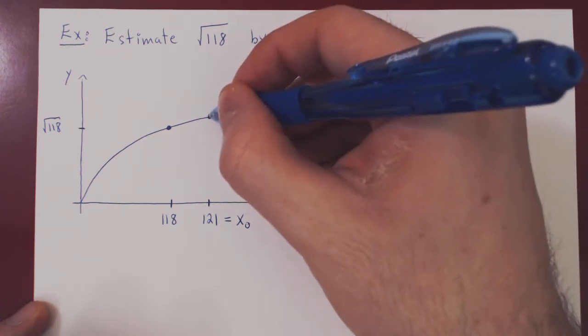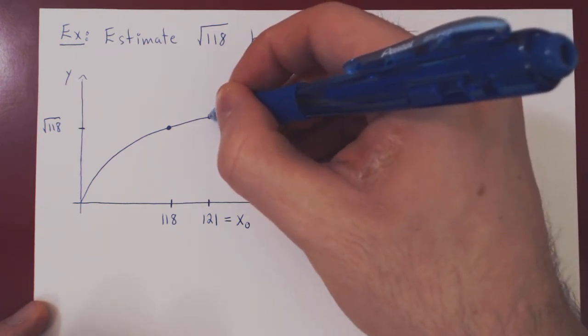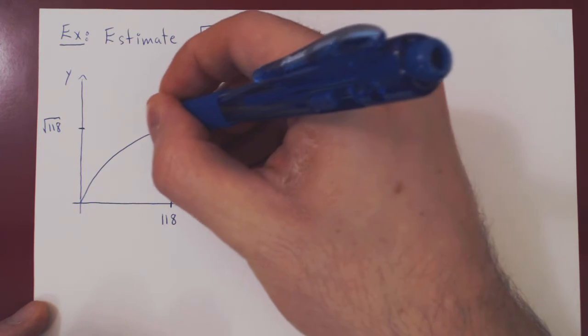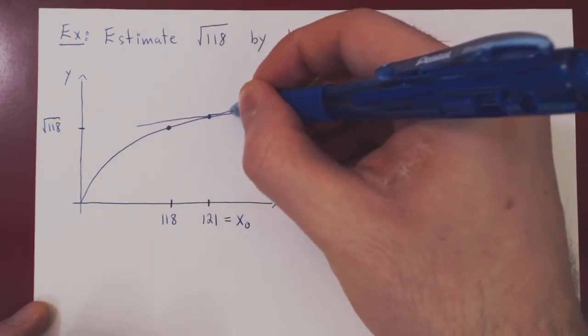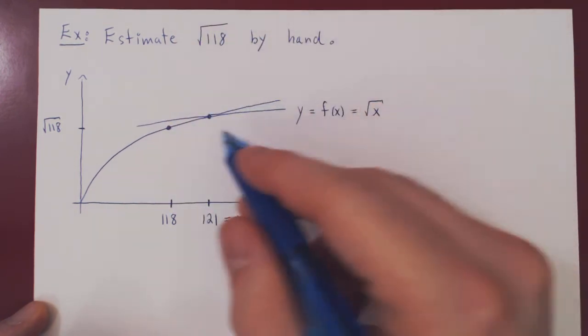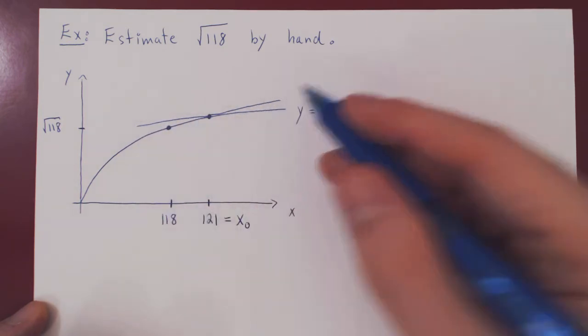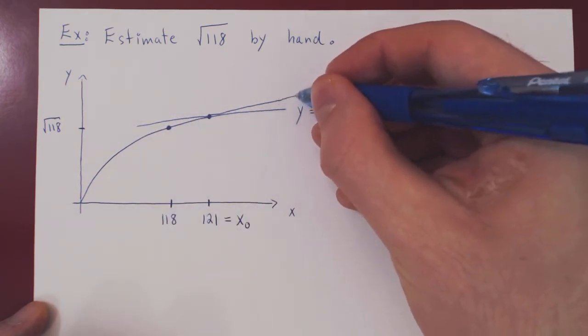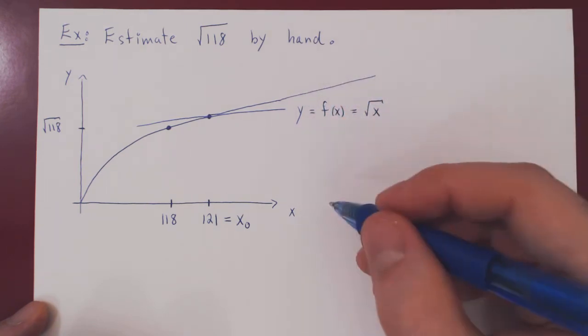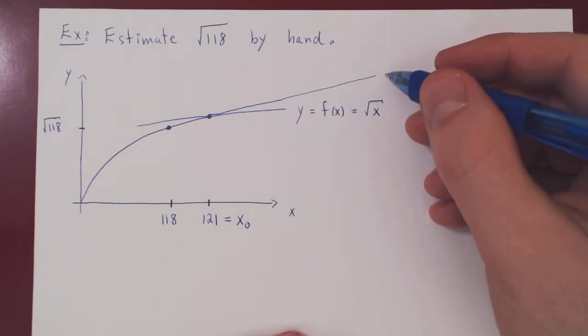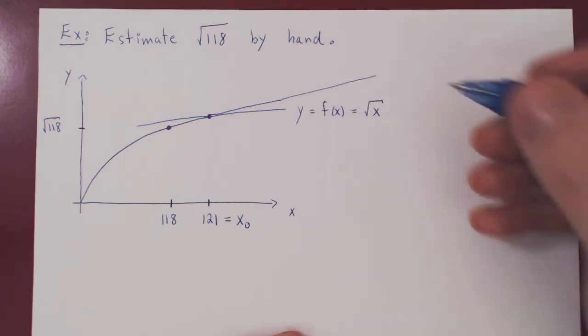So let's just draw the tangent line to the function at this point. A rather bad line, but suppose this is the tangent line. And now we can find the equation of this line quite easily, right?